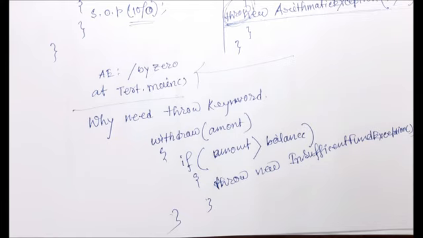So in this case, if I want to withdraw more than the available balance, we have to explicitly throw an exception that that much amount is not available in your account. Why? Because the compiler is not going to check how much money is in your balance and how much you are going to withdraw.